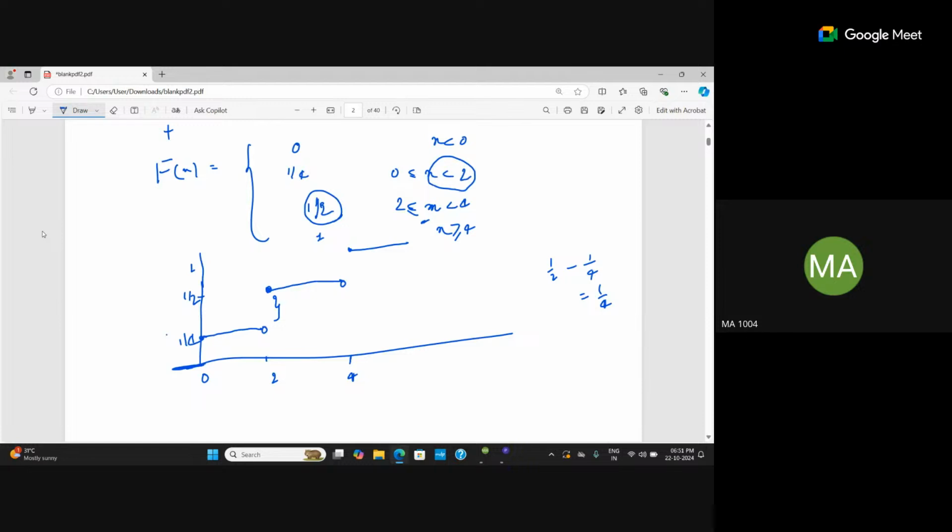For x equal to 4, it will be this jump, so it will be half, right? 1 minus 1 by 2, so it will be 1 by 2. So we are not considering that 1 by 4 as well, the probability of x less than 4?